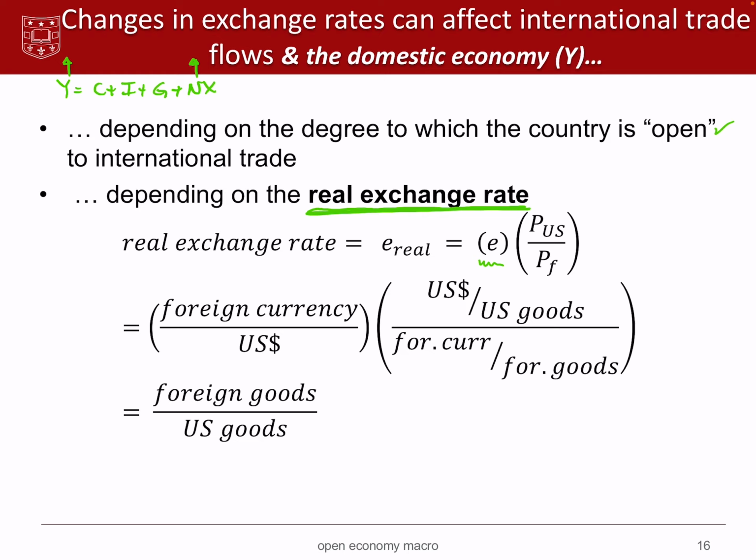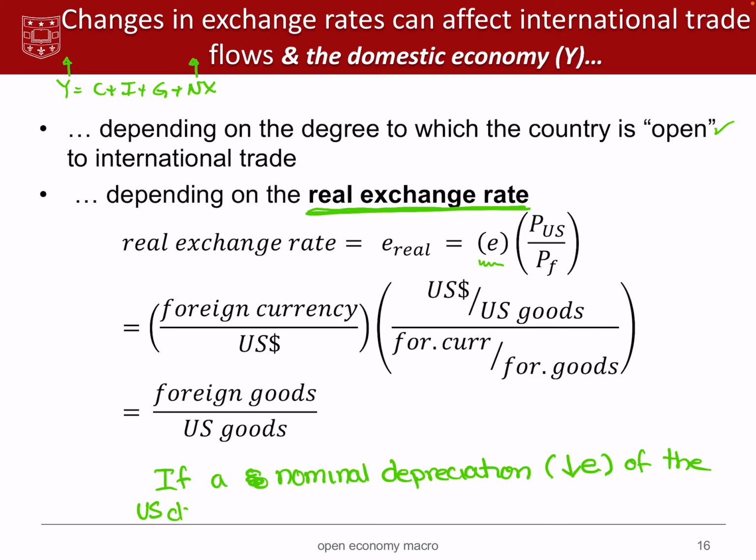But what I want to suggest to you is that if a nominal depreciation, meaning a decrease in E of the dollar, occurs, if there is a nominal depreciation of the US dollar that also leads to a real depreciation, then we would predict higher net exports of goods and services for the US.